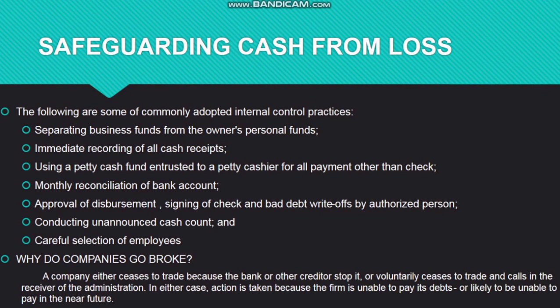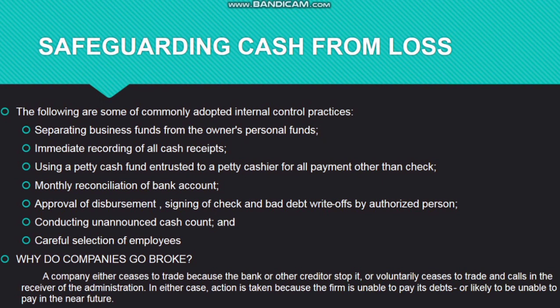So here are some of the following: separating business funds from the owner's personal funds, immediate recording of all cash receipts, using a petty cash fund entrusted to a petty cashier for all payments other than check, monthly reconciliation of bank account, approval of disbursements, signing of checks and bad debts write-offs by authorized persons, conducting an unannounced cash count, and careful selection of employees.